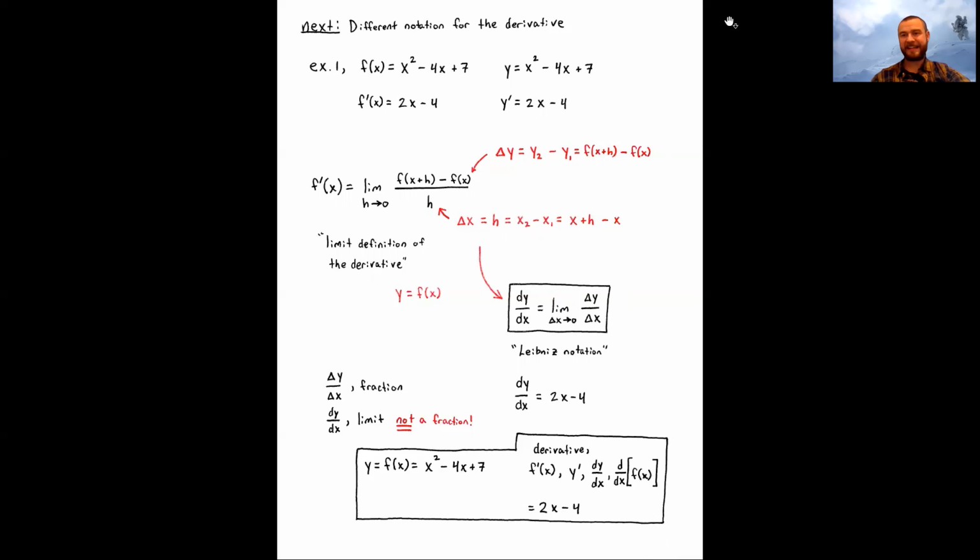And this, again, depending on the context, the problem that we're answering, one of these notations might be better than the others. Either way, all 4 of those notations, when y or f of x is x squared minus 4x plus 7, the derivative, no matter how you write it, is, for this example, example 1, 2x minus 4.